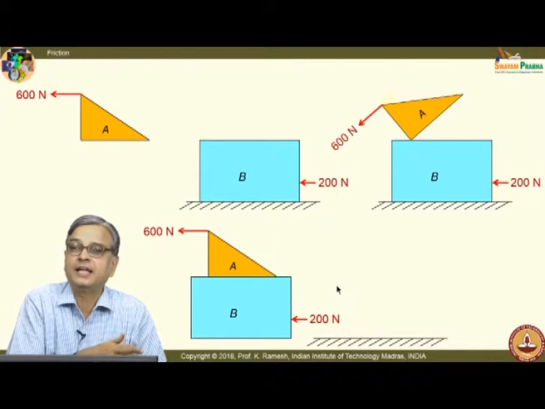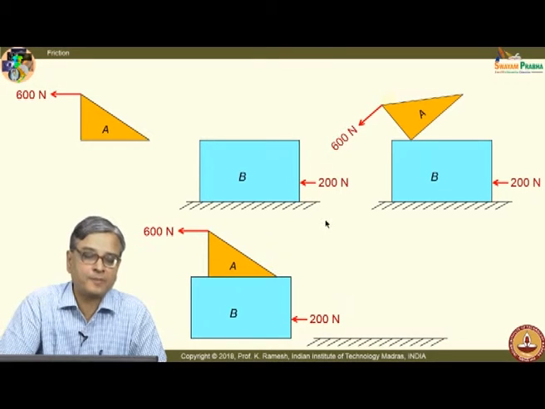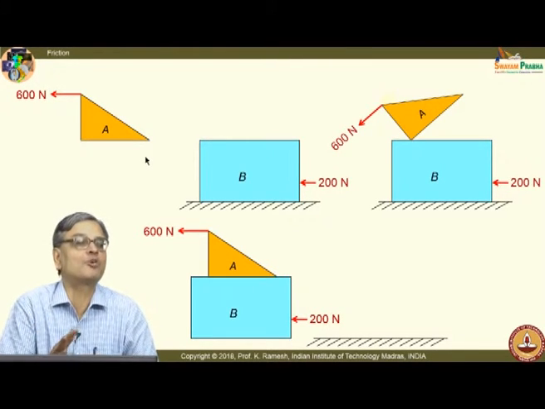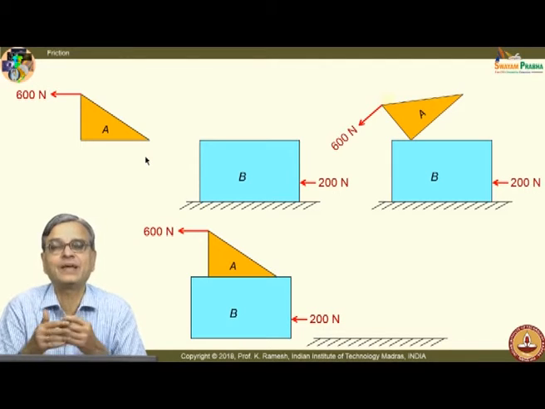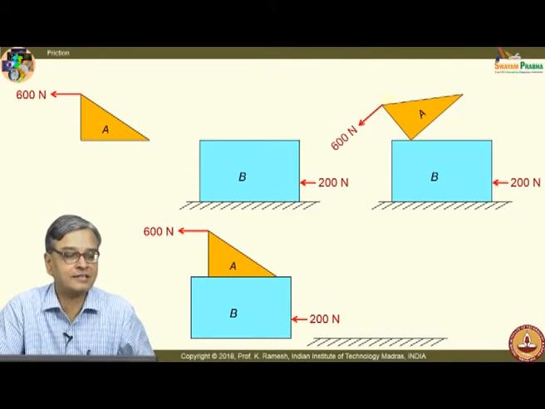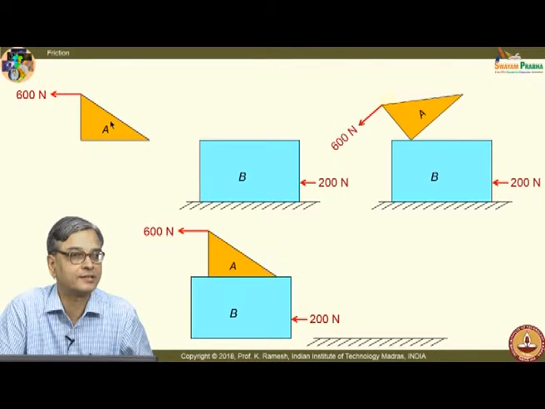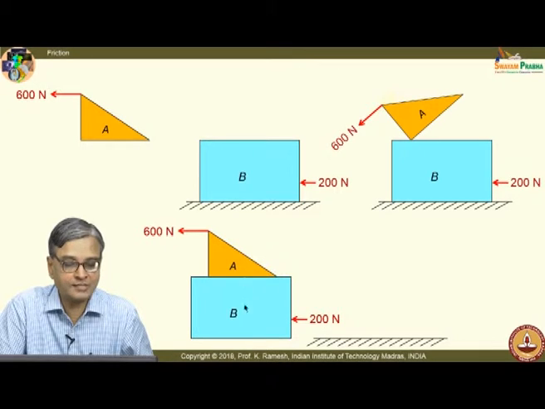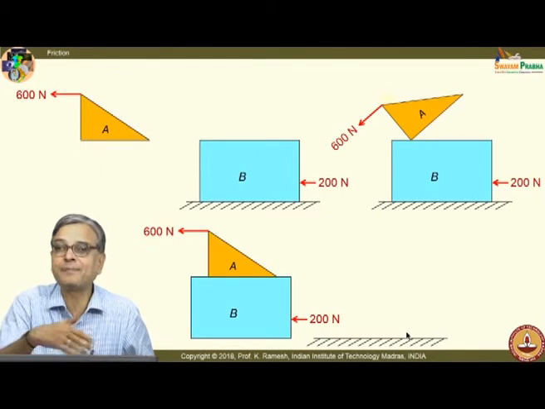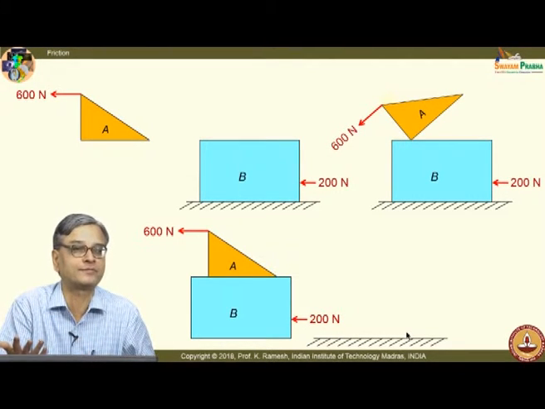And what you will have to recognize is, for understanding, I say that this slides like this. That means just prior to that, the motion was impending. When I have to consider this, I have to consider the block A was impending. This is what I have to do to verify whether this will happen or not. Similarly, when I have this, both blocks A and B would be under impending motion. Then I can replace the frictional force as mu times the normal force.